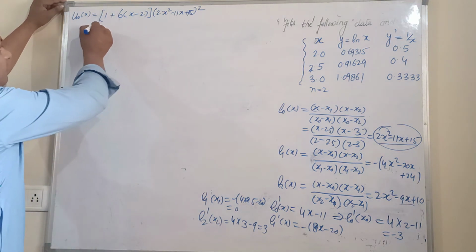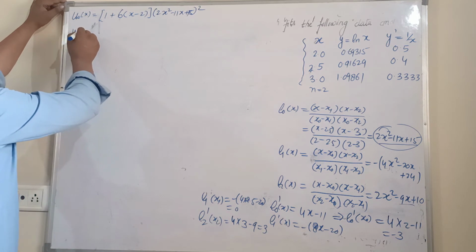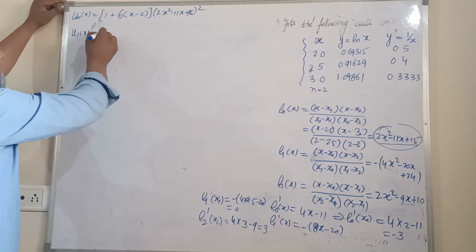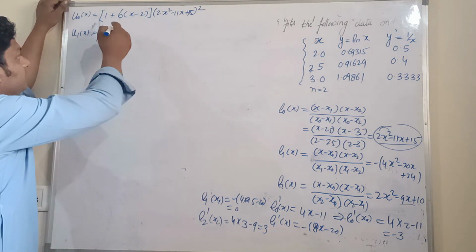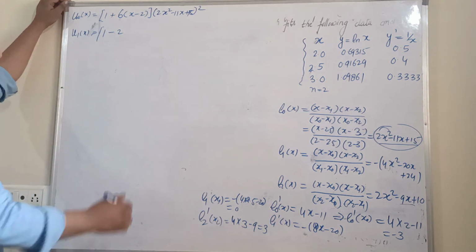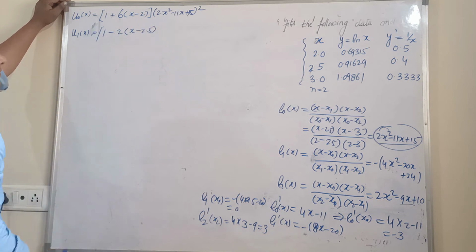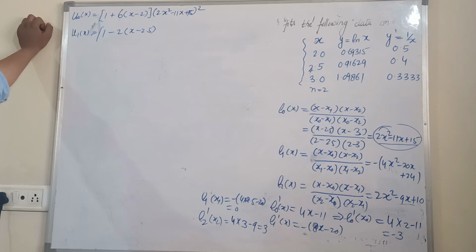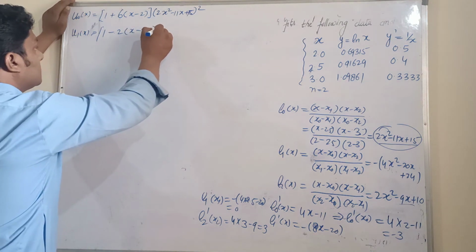Further, we will find u1(x), and u1(x) will be 1 − 2(x − x1), that is x − 2.5, times L1'(x1). L1'(x1) should be 0, it is 0.